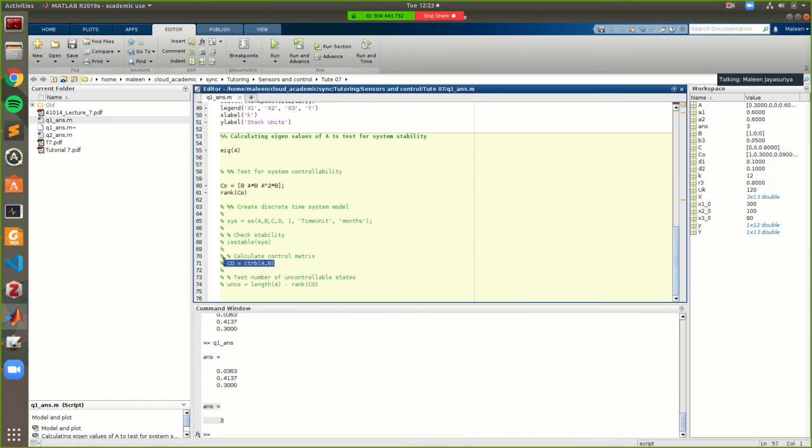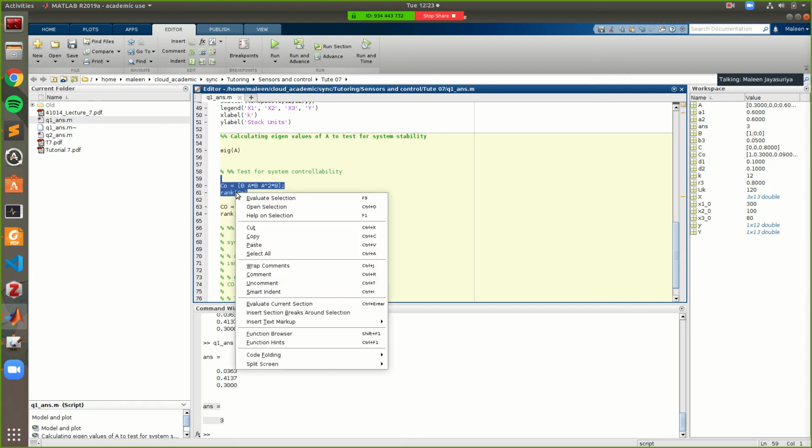You can also calculate the controllability matrix using MATLAB's function called CTRB. That's another way to calculate it. Instead of writing it out like this, you can just use CTRB, and it will automatically calculate the controllability matrix, in which case you have to look at the rank again after you calculate it.